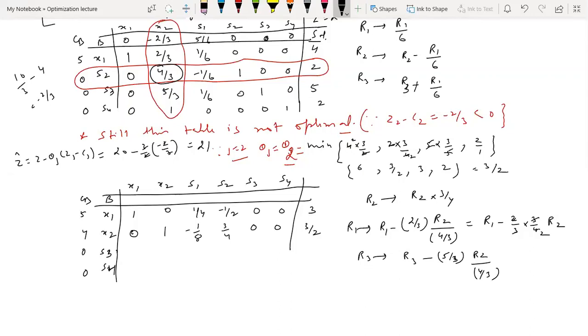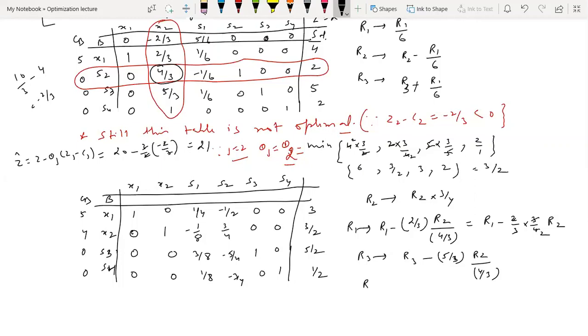I'm going to write the answer: 0, 0, 3 by 8 minus 5 by 4, 1, 0, 5 by 2. And similarly you can calculate the last entry, row 4 minus row 2 by 4 by 3, and you will be getting 0, 0, 1 by 8 minus 3 by 4, 0, 1, and the entry will come out to be equal to 1 by 3.